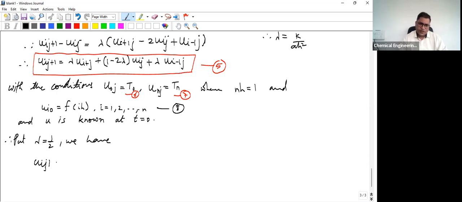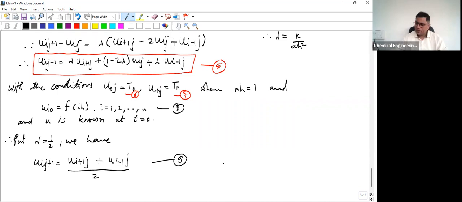u i, j plus 1 is equal to u i plus 1, j plus u i minus 1, j, and this term will be divided by 2. Are you getting this equation?